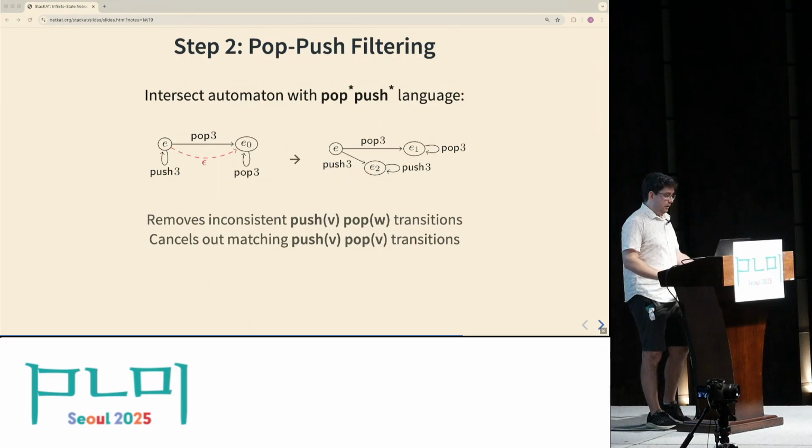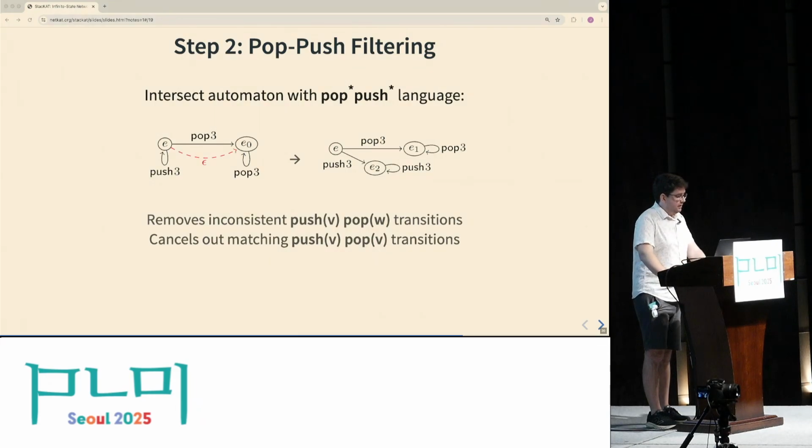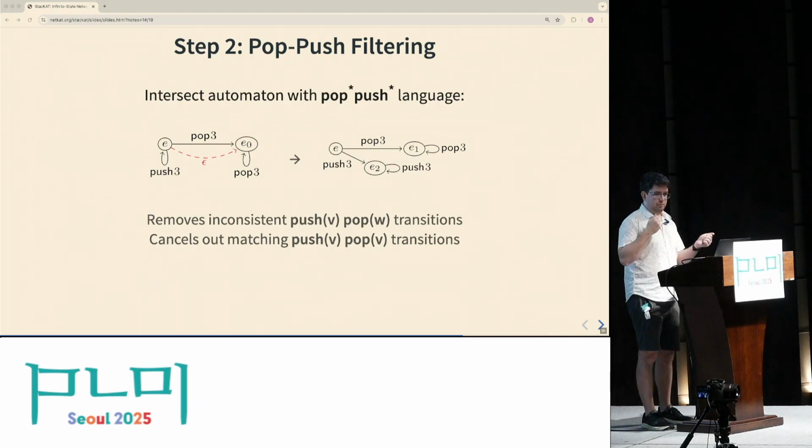After step 1, we intersect the automaton with the language pop star, push star. That means we throw away all the strings in the automaton that have a push coming before a pop. We only keep the ones that have pops before pushes. Intuitively, this removes inconsistent push-pop operations, and it also removes consistent push-pop operations.